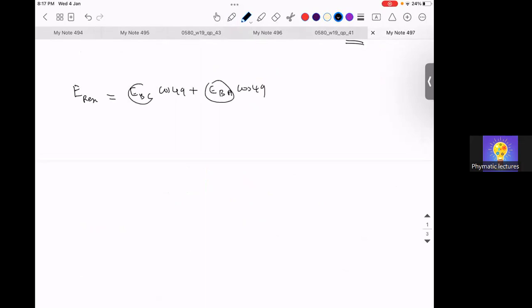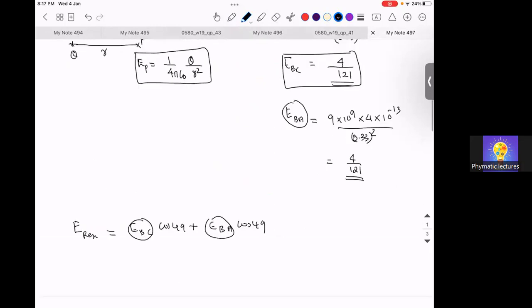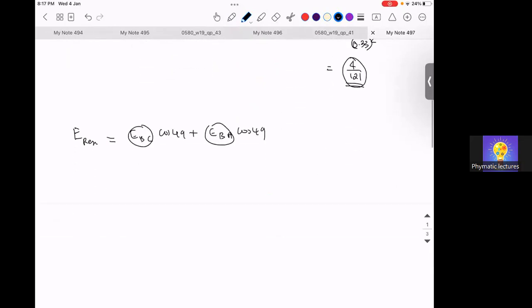We know EBA and EBC magnitudes are exactly the same, 4 out of 121. So 4 out of 121 cos 49 plus 4 out of 121 cos 49. Again, take a calculator and plug these values and tell me the answer.